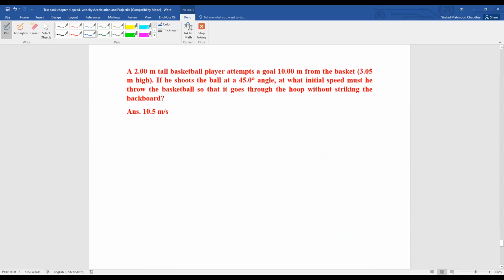After this, the problem is related with basketball. Last time I discussed with you the basketball situation in projectile motion. So here the problem is a 2 meter tall basketball player.